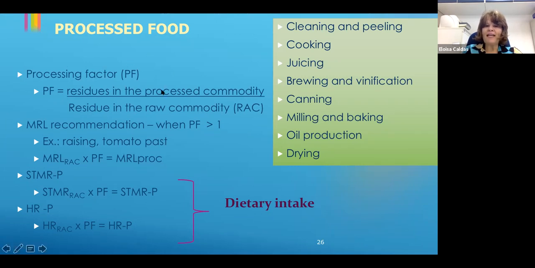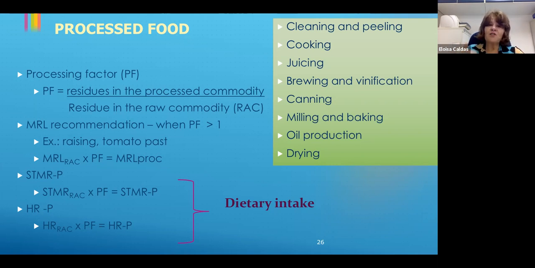You may not find any residue in the processed commodity. That's what was the case for roasted coffee. But you have to find residues in the raw commodity. That's why in most cases the company runs a separate trial to prepare samples for processing studies.